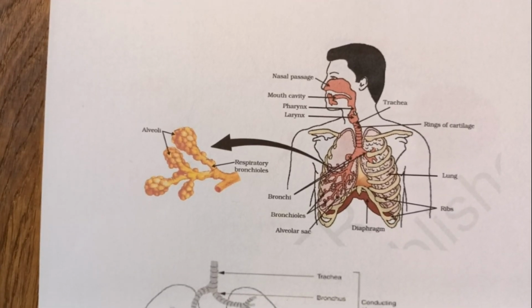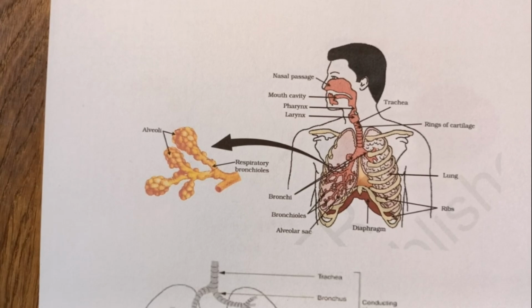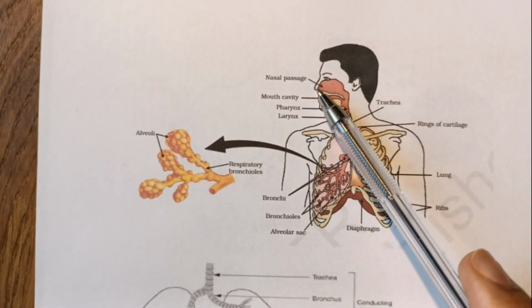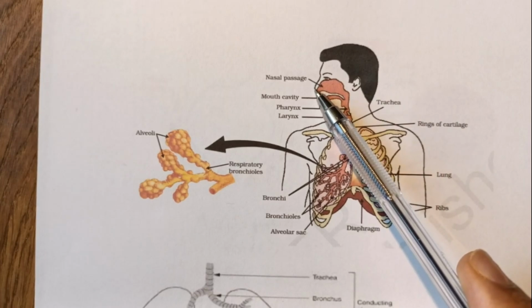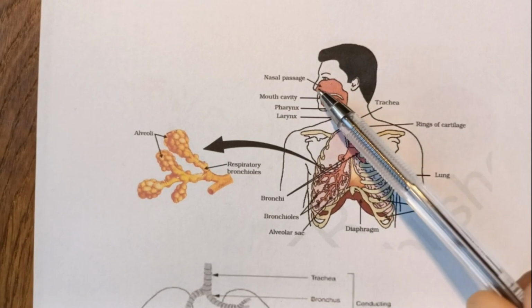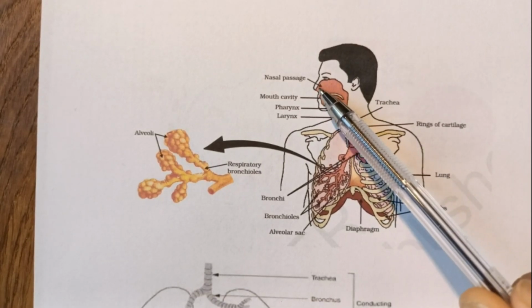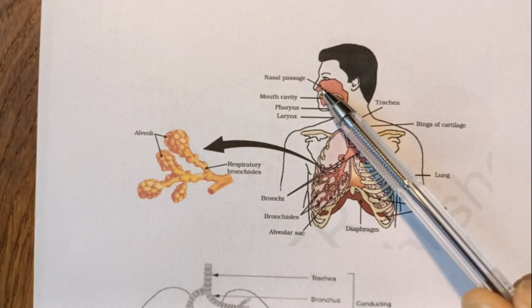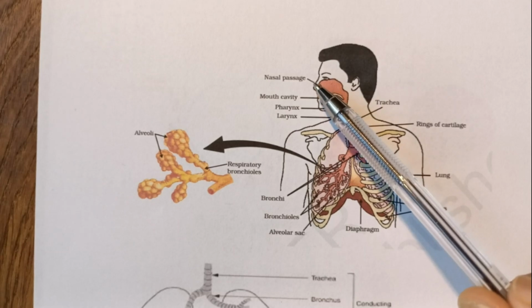Human beings take air into the body through the nostrils. These are the nostrils, the openings at the tip of the nose. There are two nostrils. The air passing through the nostrils is filtered by fine hairs that line this passage. That is filtration of dust and other major particles, insects.